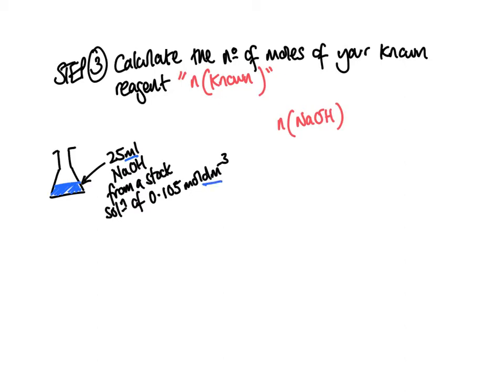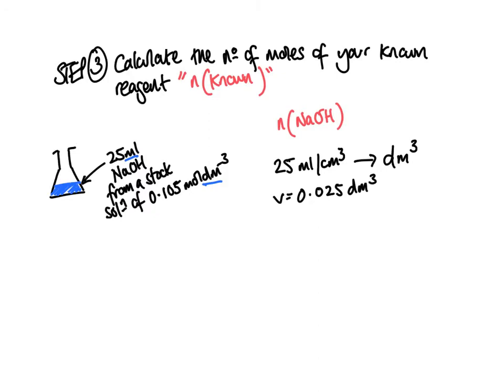Just like before, we take 25 centimeter cubed and divide by 1,000, so our volume equals 0.025 decimeter cubed.